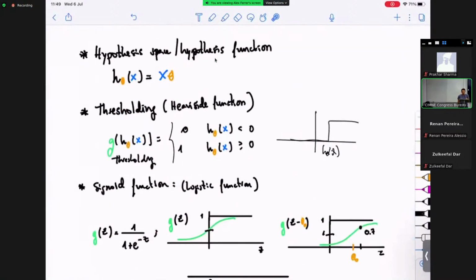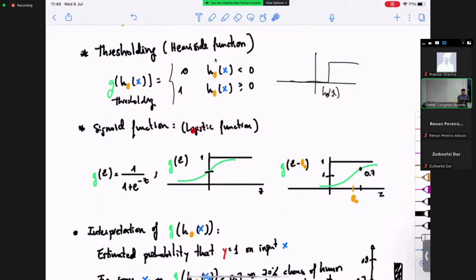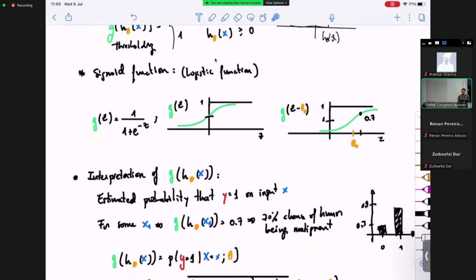But then this linearity that we have in the hypothesis function with theta, we lose it because we pass this Heaviside function, which is discontinuous and clearly non-linear. And even if it's continuous and differentiable, it's not linear. So if we do a smooth version of the Heaviside function, which is the logistic function, or the sigmoid function, very famous sigmoid function, we have differentiability, we have continuity, but it's non-linear.